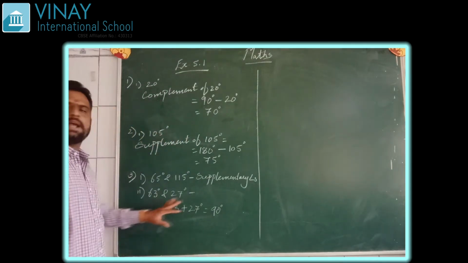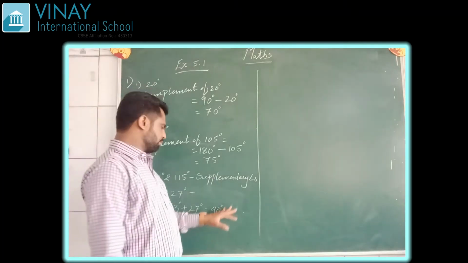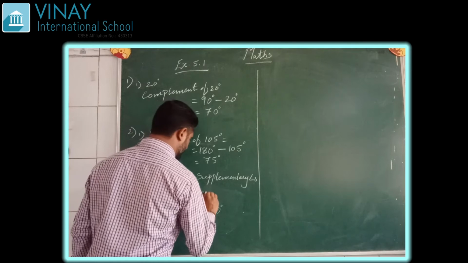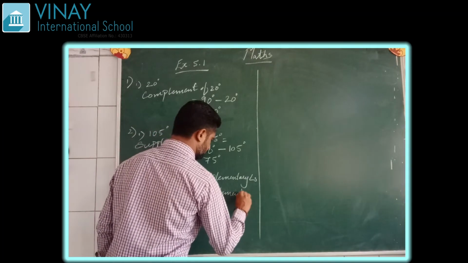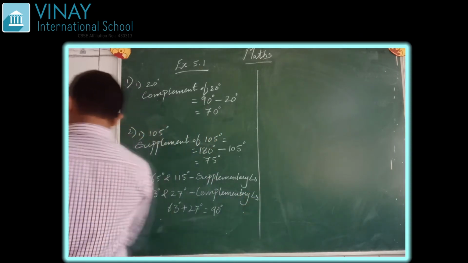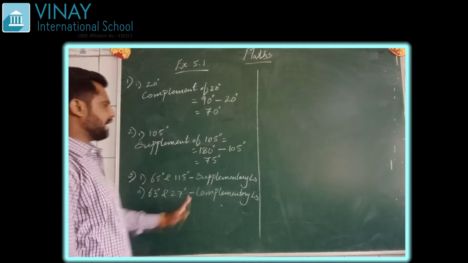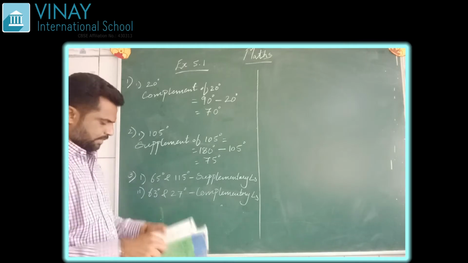We know that if the sum of two angles is 90 degree, it will be complementary angles. So here the first one is supplementary angles, while the second one is complementary angles.